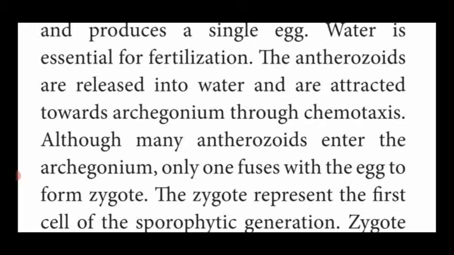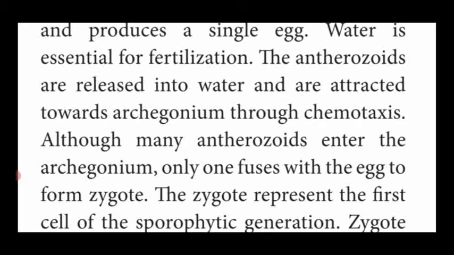So the antherozoids from antheridium are released in the water. They are attracted by the chemical substance produced by the archegonium. They swim in the water and reach the archegonium. That process is known as chemotaxis.